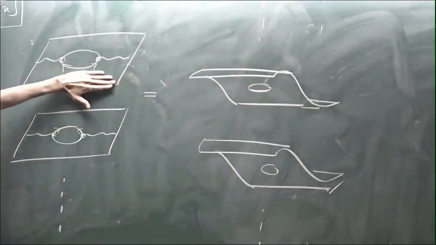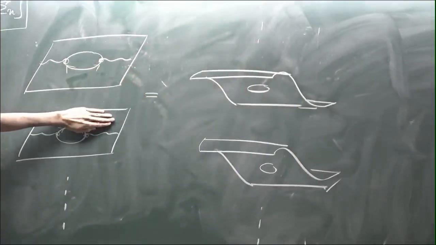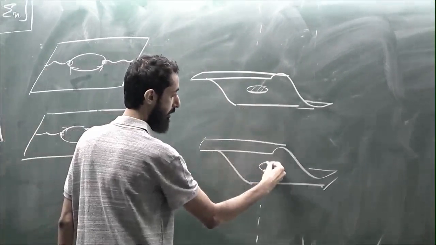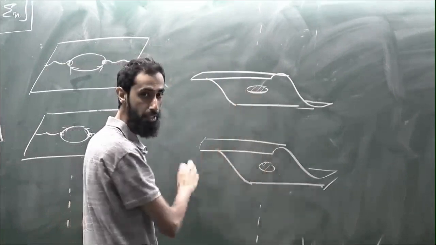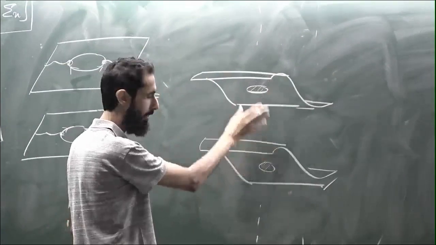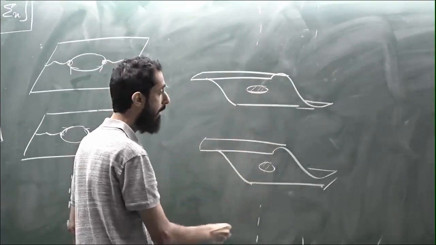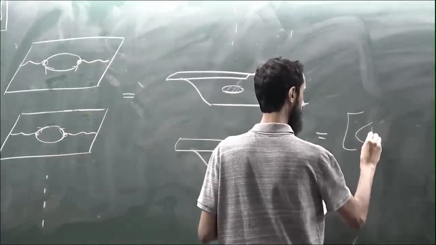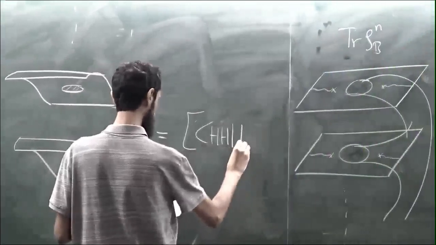The bottom half here is simply connected to the top half there. And then you fill in each JT region with hyperbolic space. This thing is nothing but the expectation value of the Hartle-Hawking state.